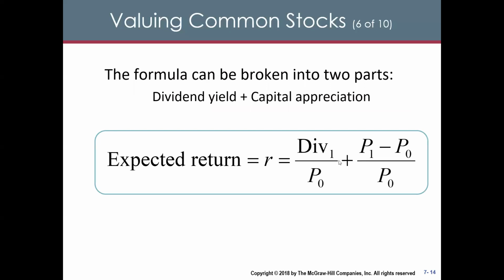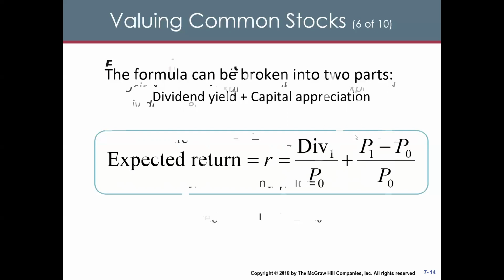In the formula, we have dividend 1 divided by P0, plus the price change, P1 minus P0, divided by P0. The first part is the dividend yield, the return you get from the dividend. The second part is the capital appreciation, the return you get from the rising price of the stock.